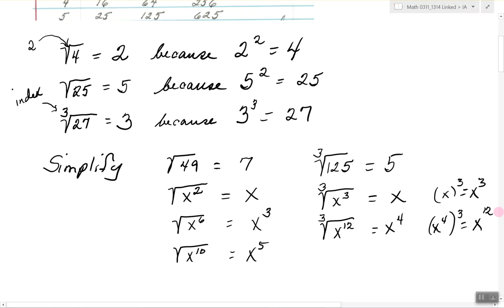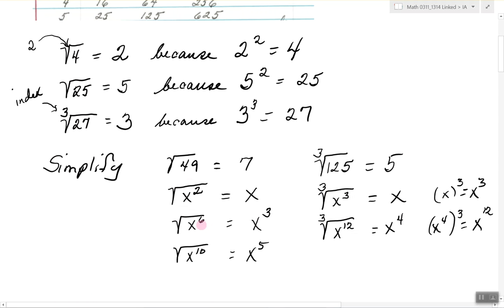So once again, I hope you see the pattern that if you have variables with powers, when you want to simplify cube roots, you're dividing 3 into that exponent. With square roots, you're dividing that invisible 2 into the exponent.